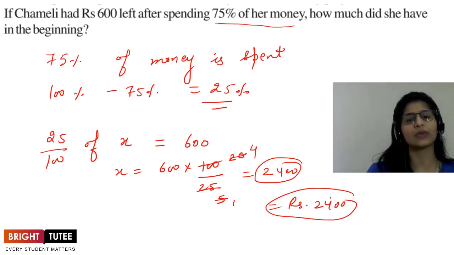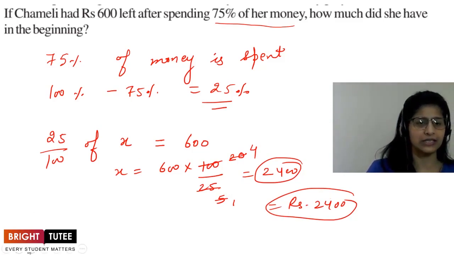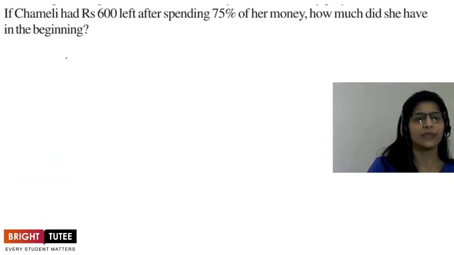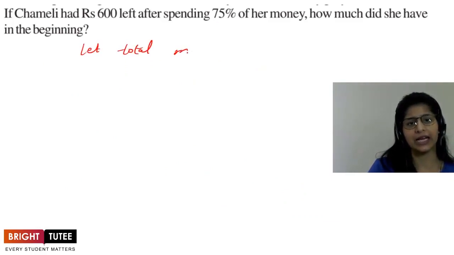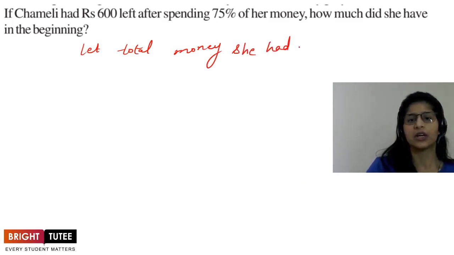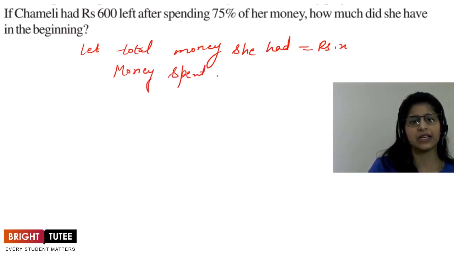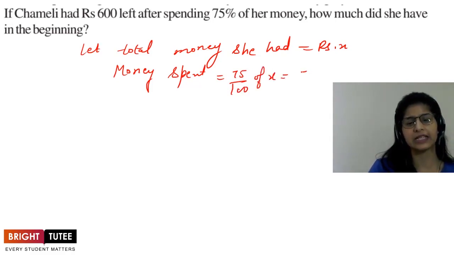Also we could have done it in one more way. Let's consider that also. So the total money she had is rupees x. Money spent is how much? Money spent is 75% of x, that is 75x upon 100.